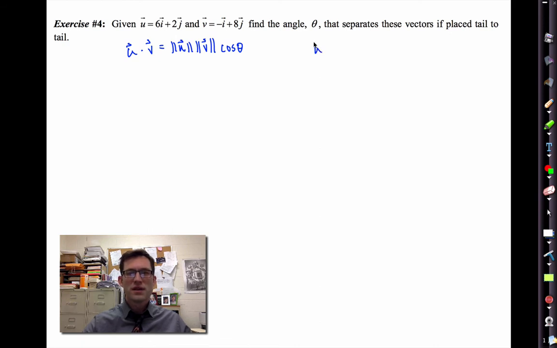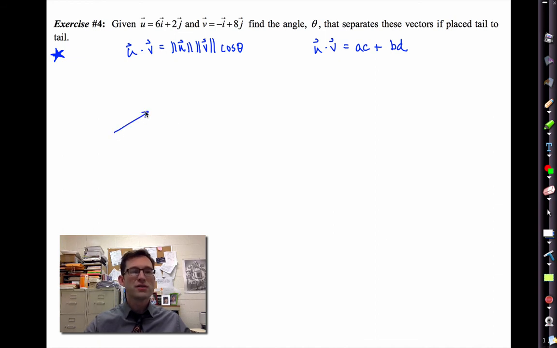The other one is that u dot v will be the product of the x components plus the product of the y components. So this particular problem is a very important one because it's a classic with the dot product. I will guarantee to ask my students this on every test involving the dot product.